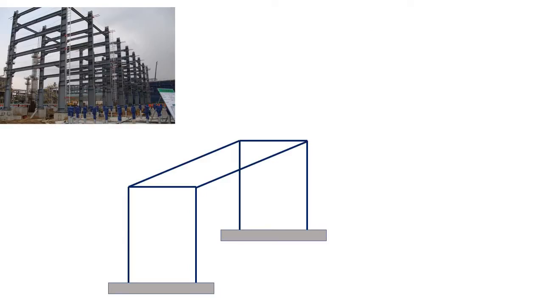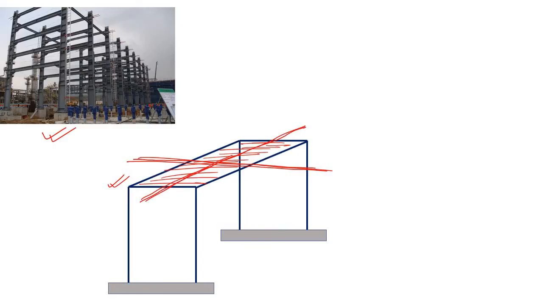Okay, if we represent this steel structure by this line diagram, this is the plan dimension. Okay, so this is the plan dimension, and which one is the major axis? Simply the major axis lies like this. Okay, and the minor axis is this one, right?